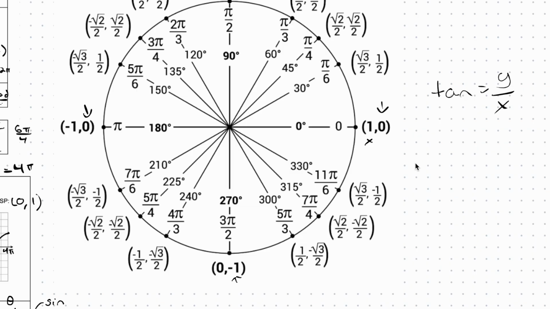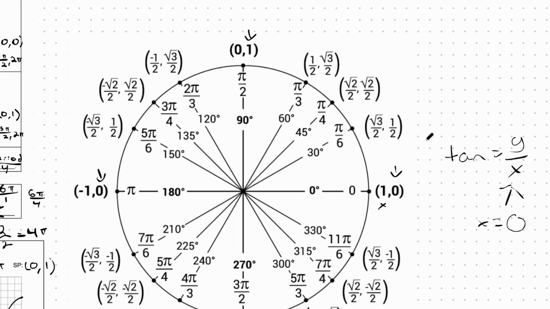So what I want to ask you is, where do we not have a value for tangent? When is tangent undefined? Well, when is this fraction going to be defined? It's whenever our denominator is equal to 0. In this case, it's when x equals 0.